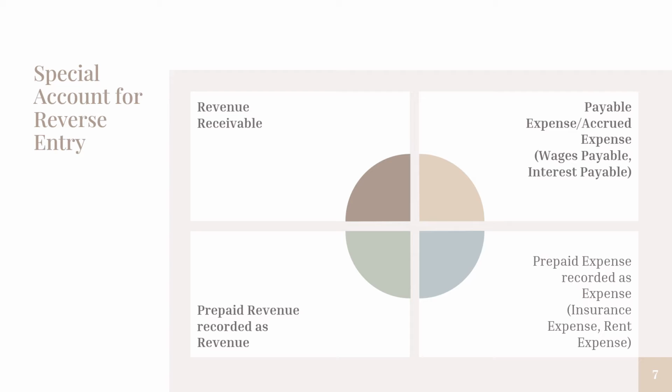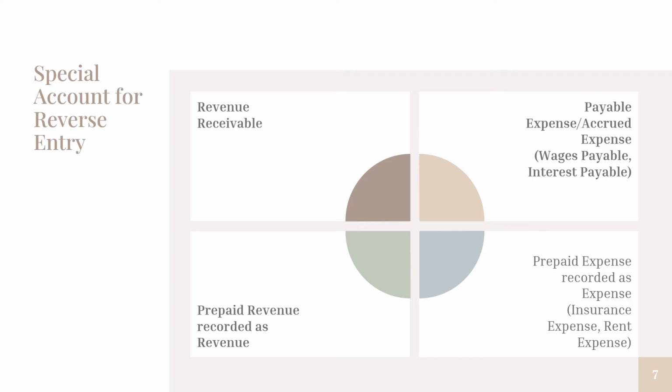First, when there is a net revenue receivable; second, if there is a prepaid revenue recorded as a revenue; third, if there is payable expense or accrued expense, for example wage payable, interest payable; fourth, prepaid expense recorded as expense, for example insurance expense, rent expense.